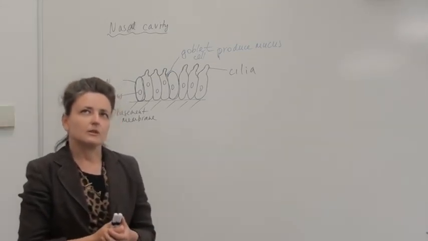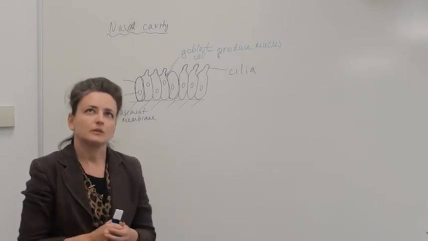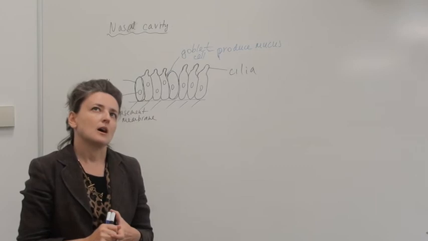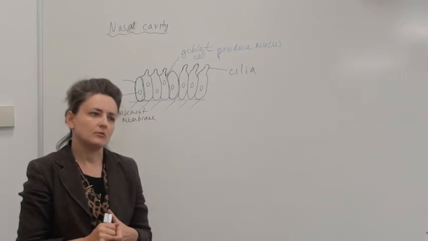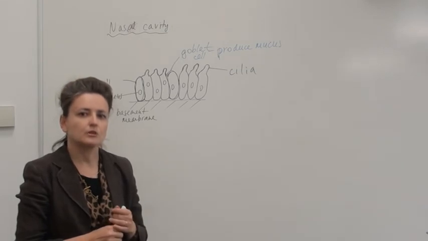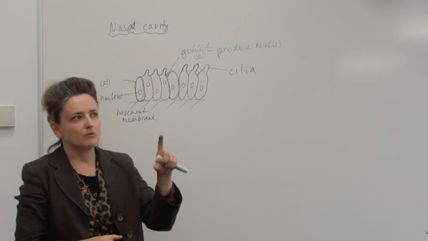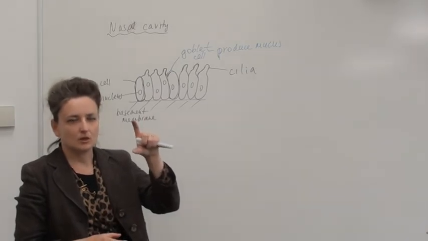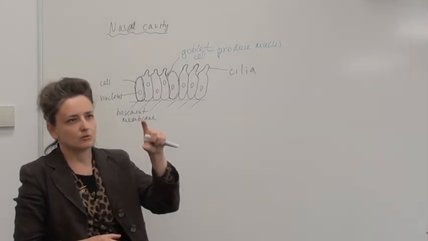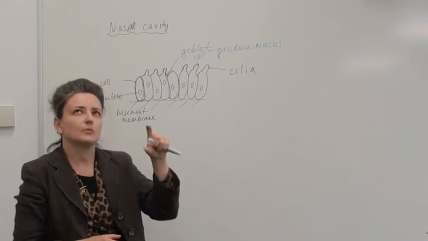Next, I want you to have a go at giving me, I know you're probably not going to know the answer, but give me your best guess. How much mucus do you think your body, your respiratory system, produces in 24 hours? If you've seen those test tubes, just over half of a test tube will be about 10 ml.